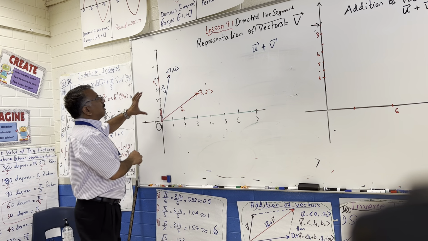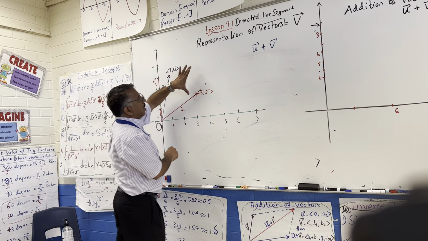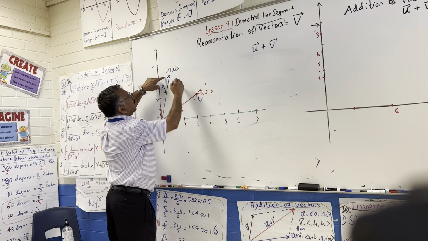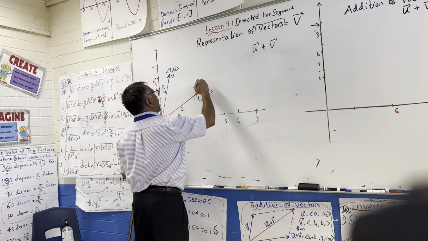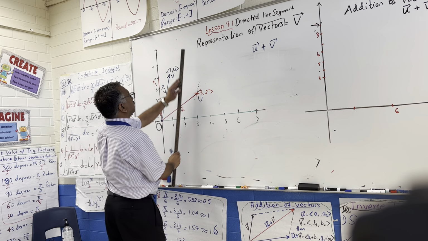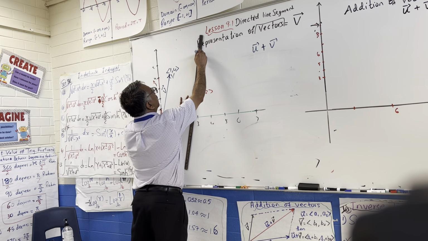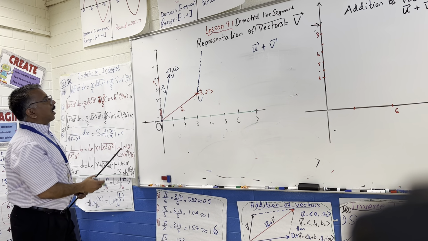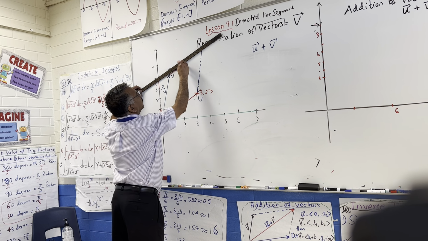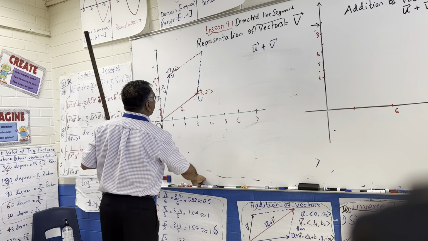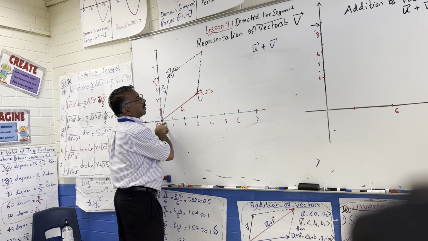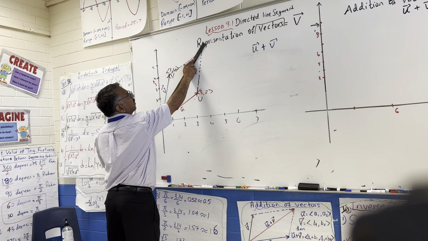All you do is translate this vector and keep its beginning point at O. Let's call this point U, and this point V, and I can pull this up like this. Then the other one will be, so you can complete a parallelogram. So the definition of how we add is that you are joining this to this, and that is the new vector.